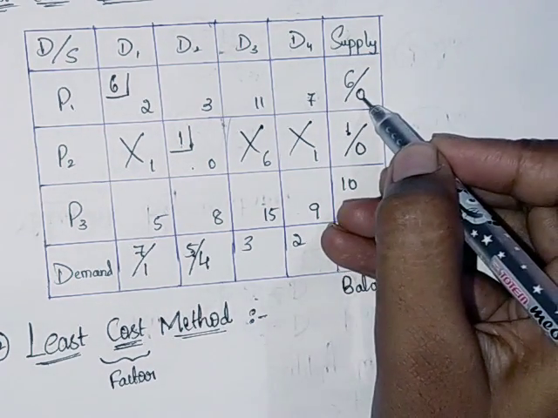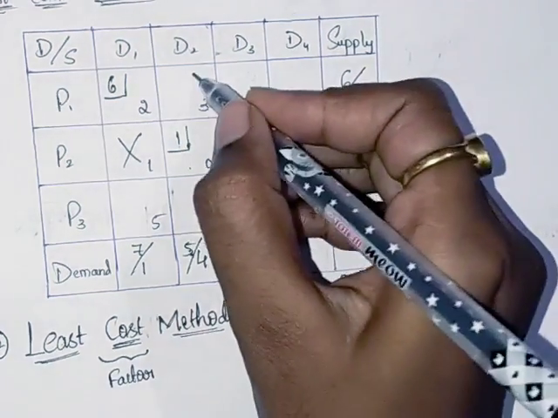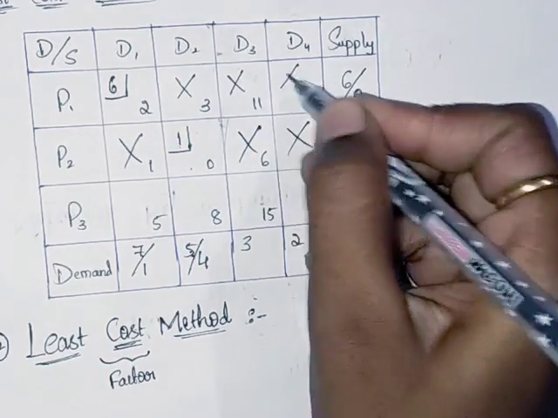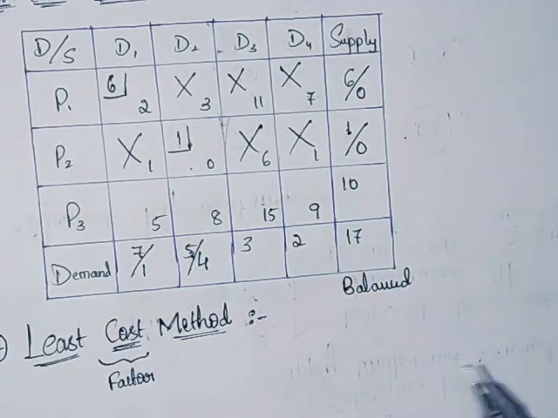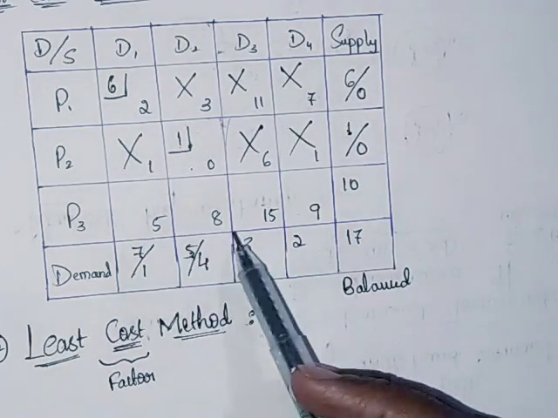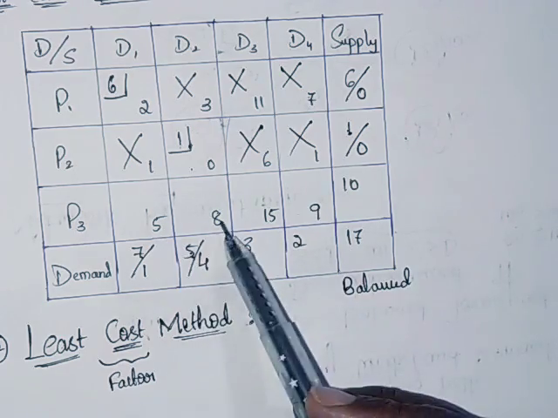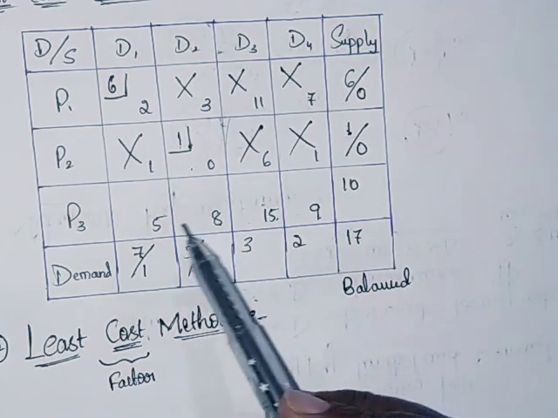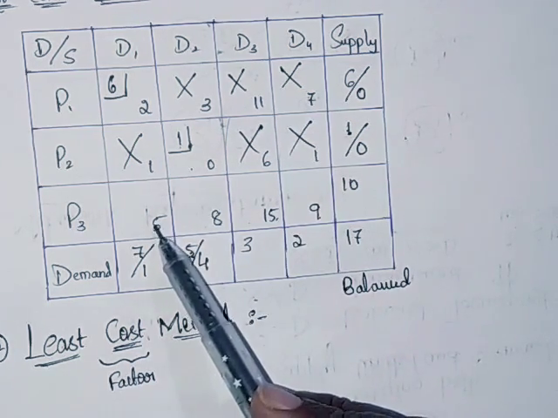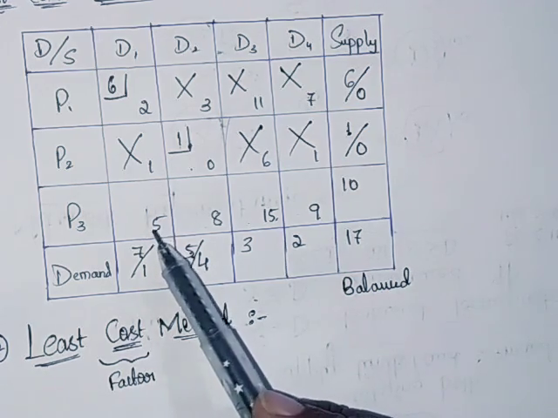As the supply has become 0, I cannot allocate further to these cells. Now only the plant 3 row remains. Among these 4 costs, which is the lowest one? 5. So I have to allocate to this cell.